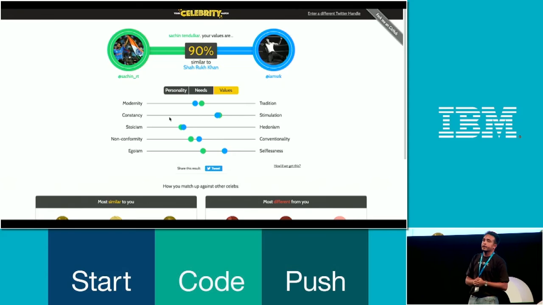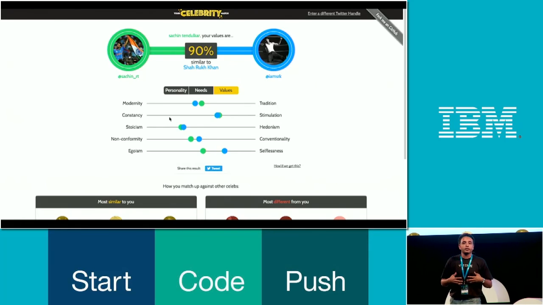It seems Sachin and Shah Rukh portray similar views on being traditional or being modern or helping others. And likewise, Sachin and Akshay have similar views on risk-taking mentality in their needs. Well, I never thought that.